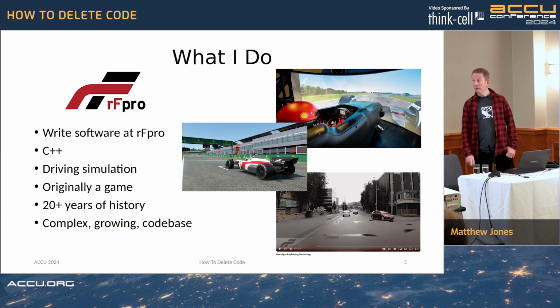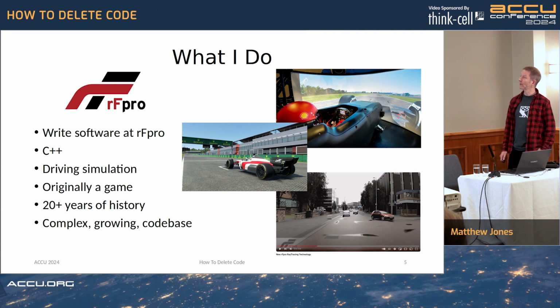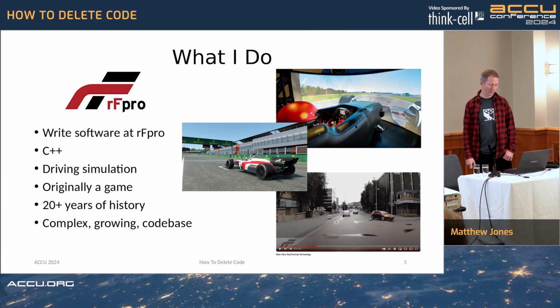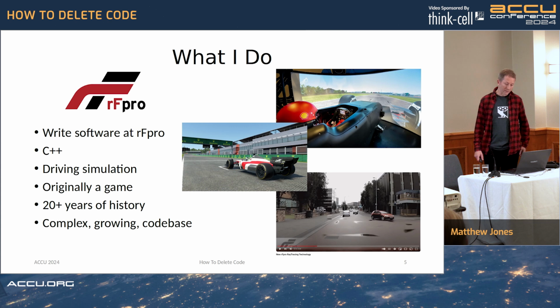Right, what I do now is write C++ at a small company called RF Pro. We do a driving simulator that started out about 20 years ago as a game called Race Factor and is now Race Factor 2. So it's at least 20 years old. It was originally written in C. It's now sort of C with classes.